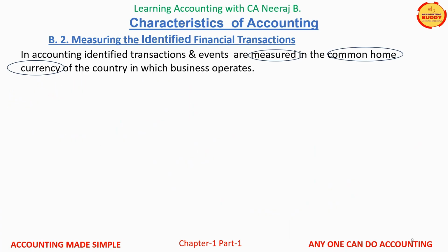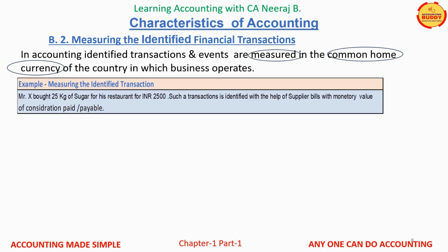Let us understand this with an example. Mr. X bought 25 kg of sugar for his restaurant for INR 2500. Such a transaction is identified with the help of the supplier bill with a monetary value of consideration paid or payable.